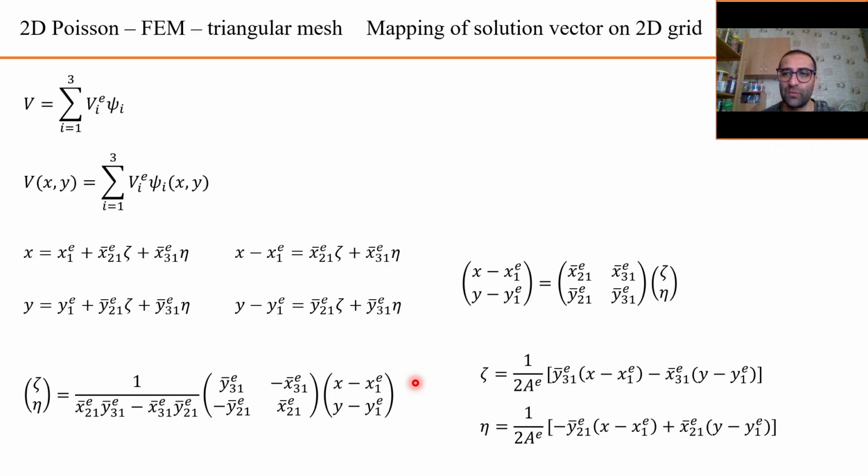And for mapping, we need to have shape functions at the xy coordinate, and we did it. All we need is to put zeta and eta in the shape functions, and we have the shape functions in the new coordinate, and obviously the shape function for each element is different in xy coordinate.